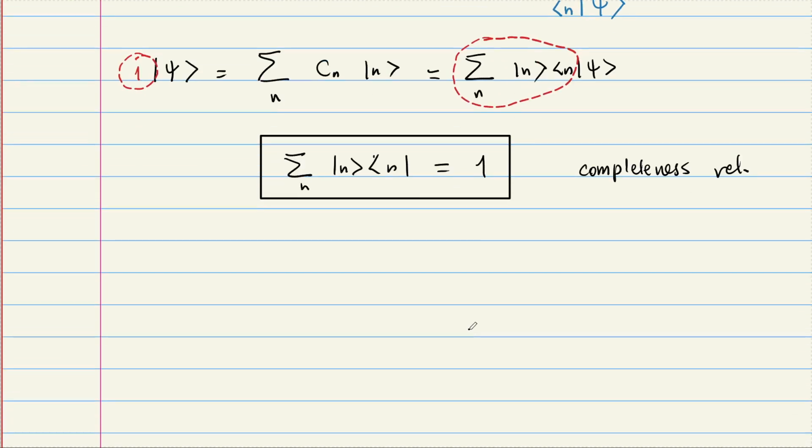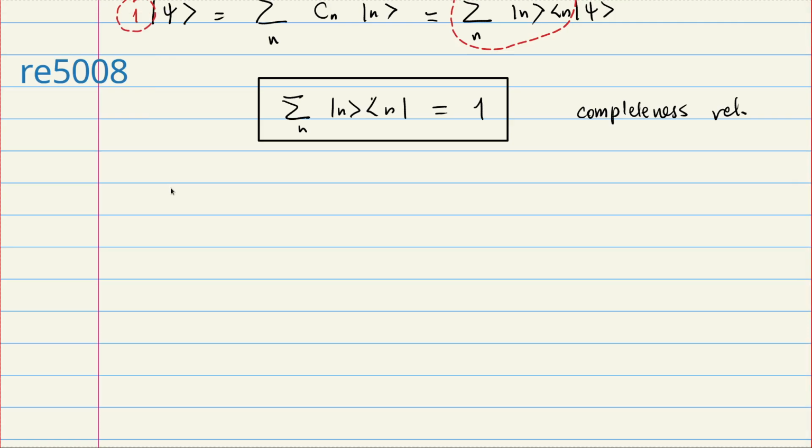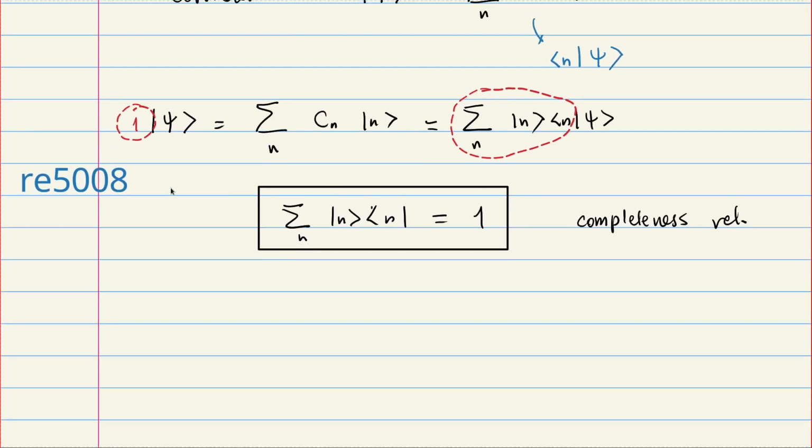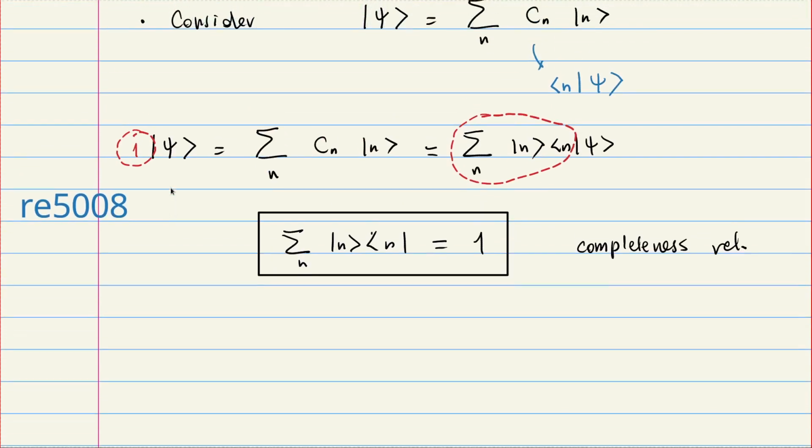Good. Any questions? I didn't understand when you changed the ket and bra. So this piece is written as ⟨n|psi⟩, right? This Cn is just a number, a complex number.